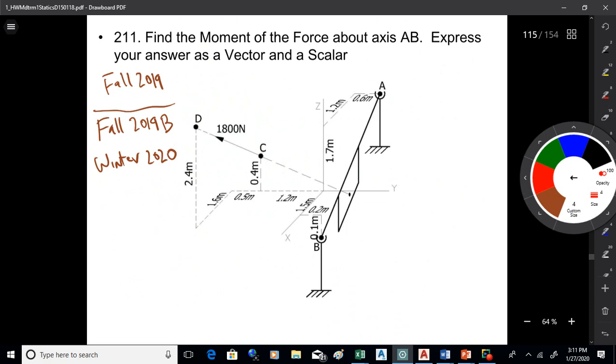The question is, let's find the amount of moment that would occur about the axis that goes from A to B, and express your answer as a vector and a scalar. So you start with that moment vector about A, and then you need to find how much of that creates a moment about that axis from A to B. That's the problem here.